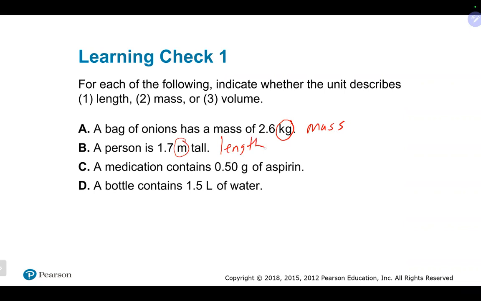Grams is a unit of mass. And lastly, we have liters, which is a unit of volume, right? Again, it's very common people don't understand what type of measurement units represent. So it's really important, as I mentioned, that you understand what they represent.